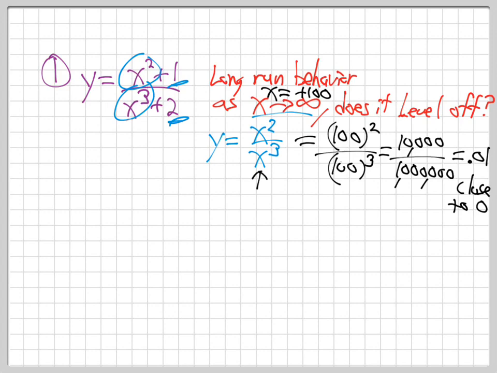Why? Because the bottom power is bigger, right? I should say the denominator. The denominator power is bigger. And so it overwhelmed it, didn't it? The million came out way bigger than 10,000.